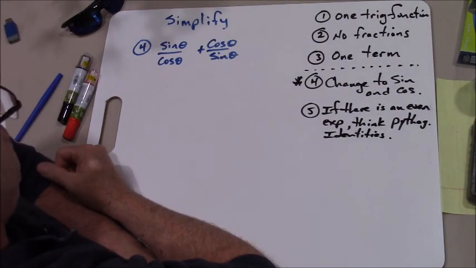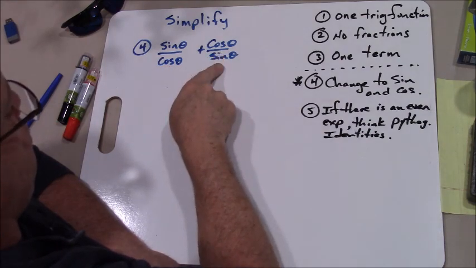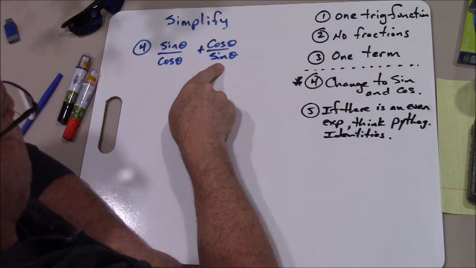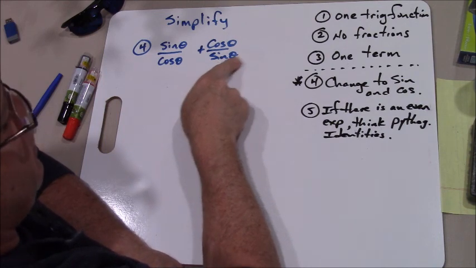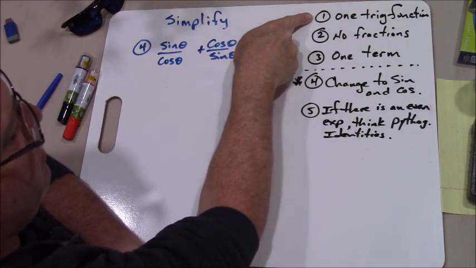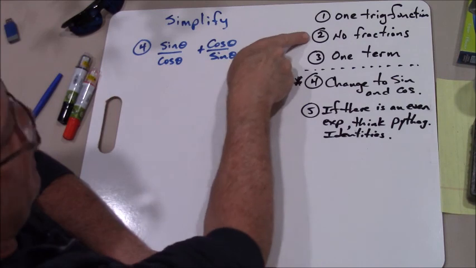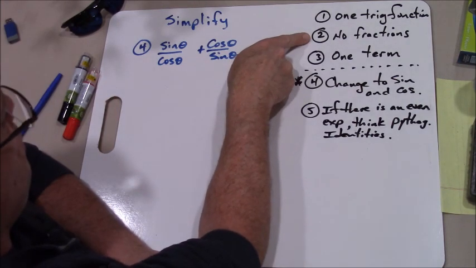Okay, so here's another one. I've got sine theta over cosine theta plus cosine theta over sine theta. And so, if we go back and look at our goal to get one term, or maybe just one trig function, I don't know, I've got fractions to start with. I'm not sure how this is going to work out.